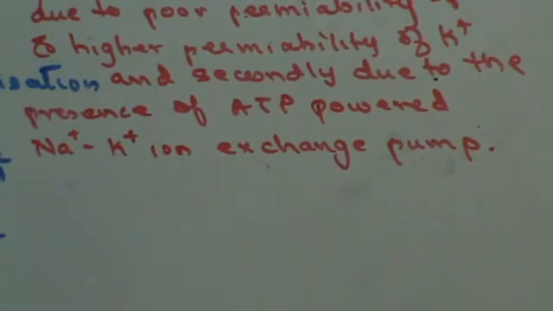And this process is called the sodium potassium ion exchange pump. How is this pump created? This pump is created because of the energy derived from ATP.